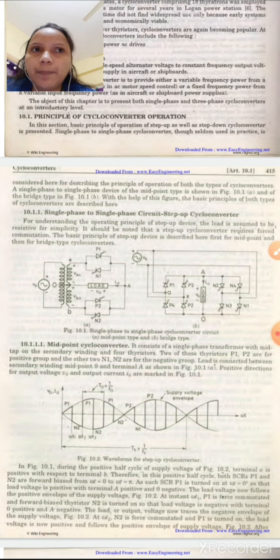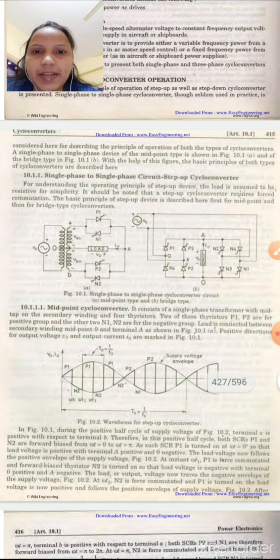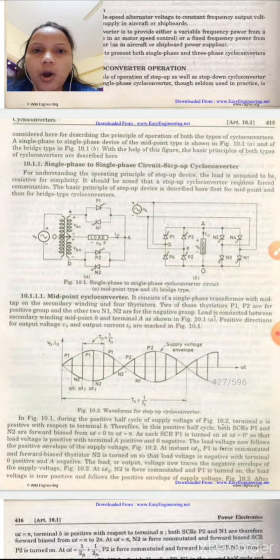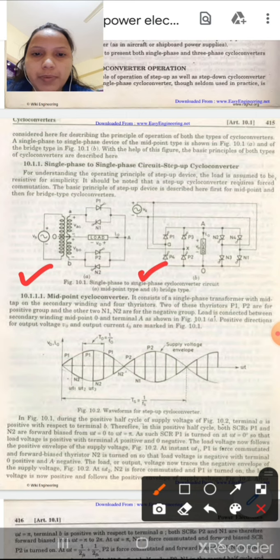That means the input power frequency is converted to the output power frequency, with the conversion taking place in the single phase case. For describing the principle of operation, first see the two circuit configurations: one is the midpoint configuration, and the other is the bridge configuration.